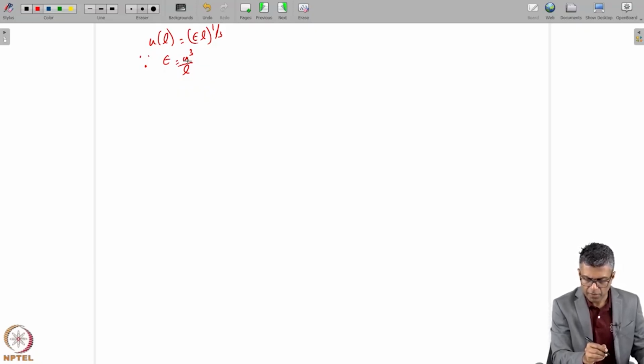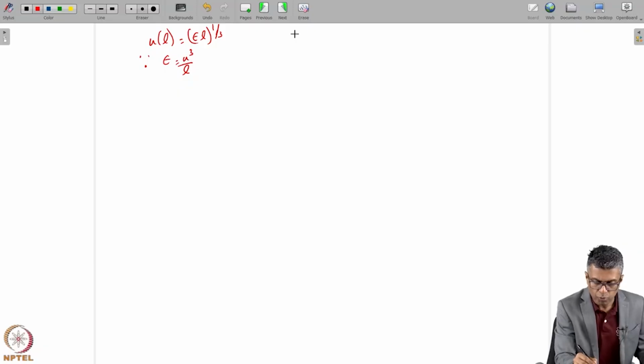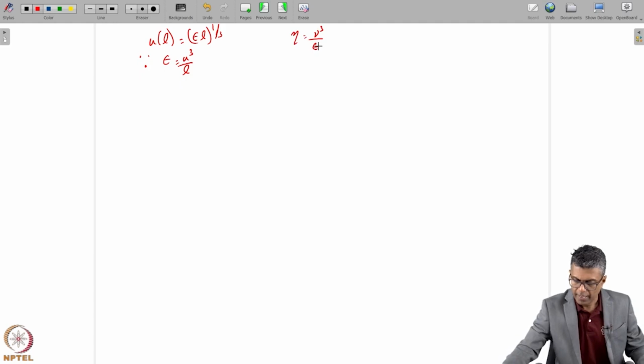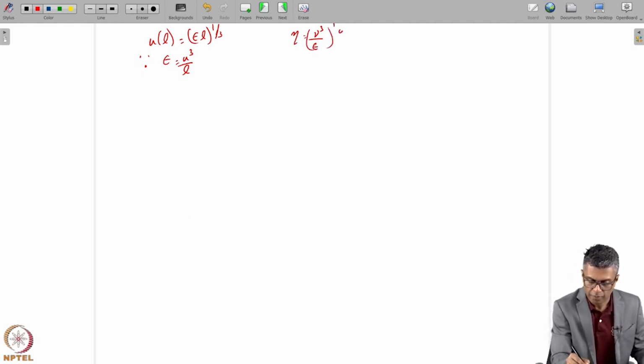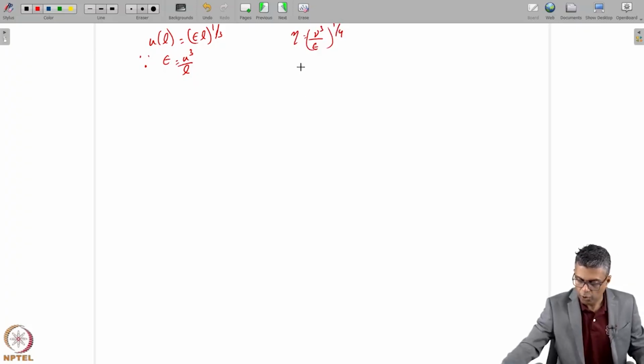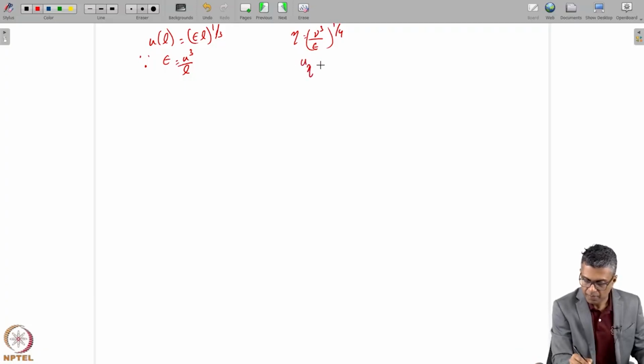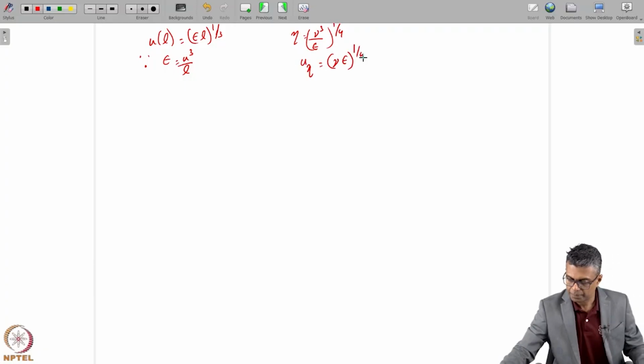So that means now if I use one of those Kolmogorov relationships, eta is (nu cubed over epsilon) to the 1/4, right? And I also have U_eta equal to (nu epsilon) to the 1/4.